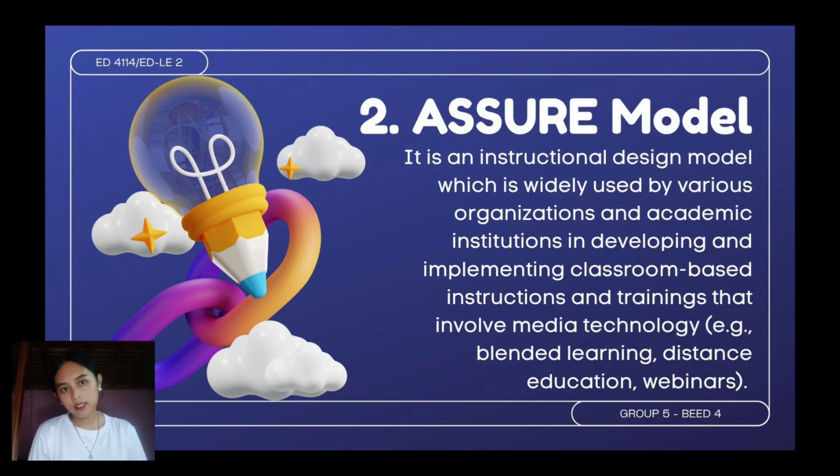And then lastly, we also have here the term webinars. So webinars is a type of workshop or training that is conducted online. Okay? Now again, the ASSURE model encourages using technology equipments in delivering contents or information.